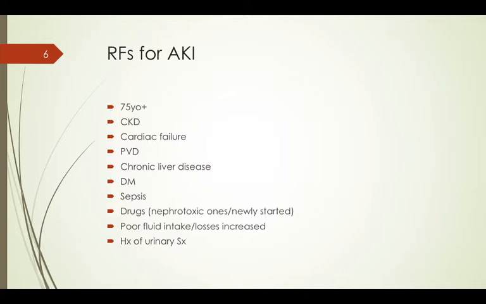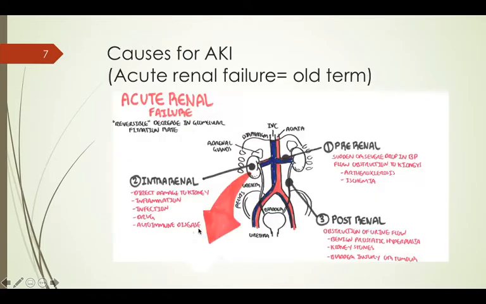All these are nephrotoxic drugs, so we need to take caution with these drugs and potentially stop them when we suspect someone has an AKI. One of the very most common causes of AKI is dehydration, so poor fluid intake can point towards an AKI picture.